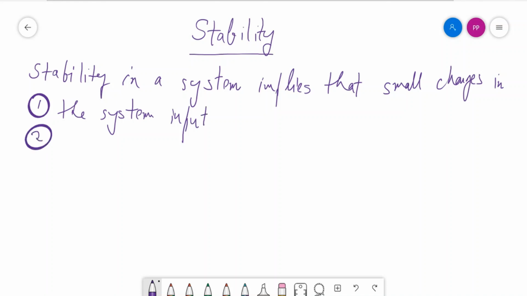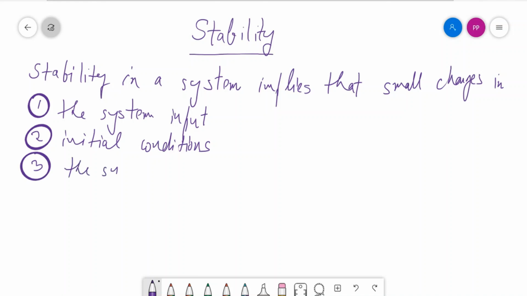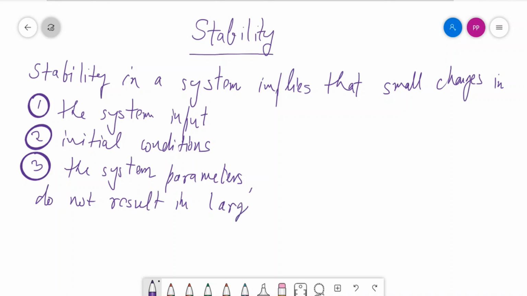Number second, initial conditions. Number third, the system parameters. Any such changes do not result in large changes in system output.